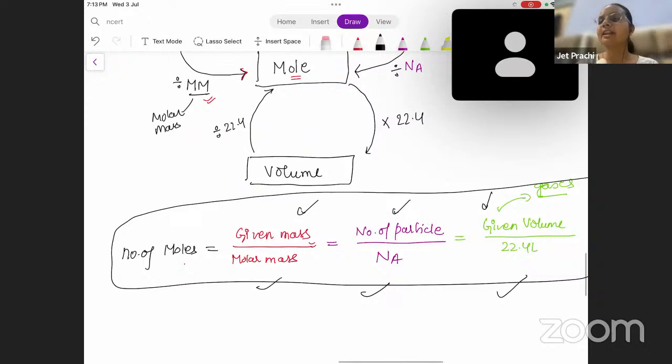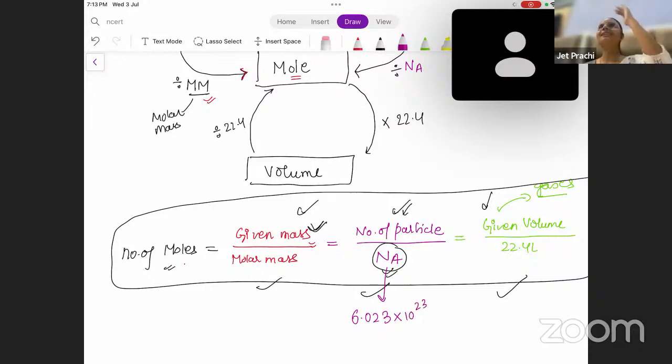If you are given a mass and you have to find the number of moles, then simply you have to divide it by the molar mass. If you are given the number of particles, then you have to divide it by the Avogadro number. So here also I'll write it so that you are not confused. Na is 6.023 into 10 raised to the power 23.